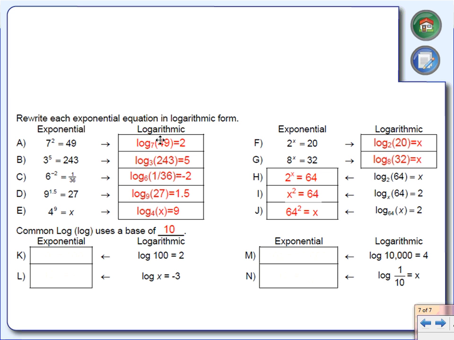So, if the base is 10, what would that first one look like in the form of an exponential? 10 to the power. All right, very good. 10 to the second power, or squared, equals 100. Is that true, by the way? Is 10 squared equal to 100? Yes. Oh, by the way, does the calculator have a log button? Yes, it does. As a matter of fact, I want you to do me a favor.